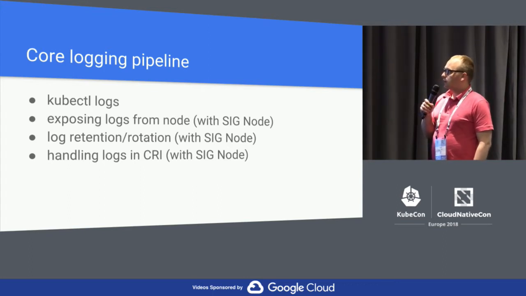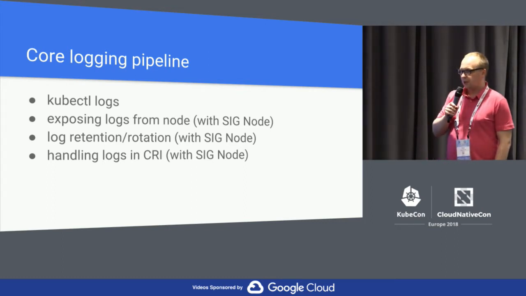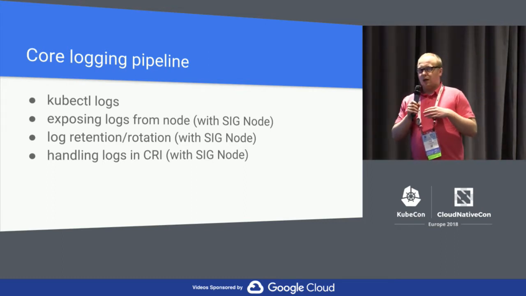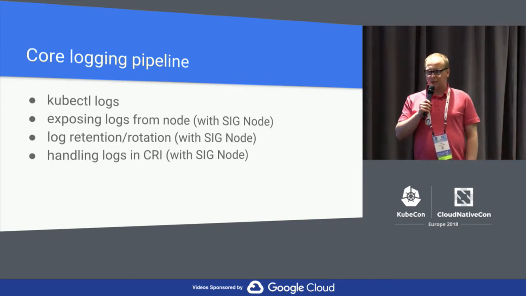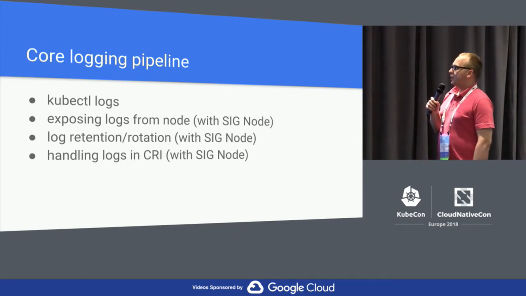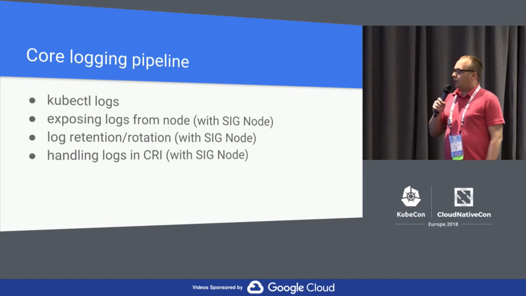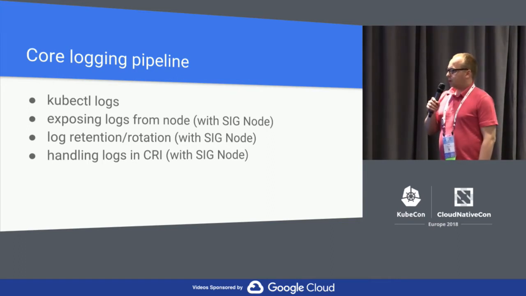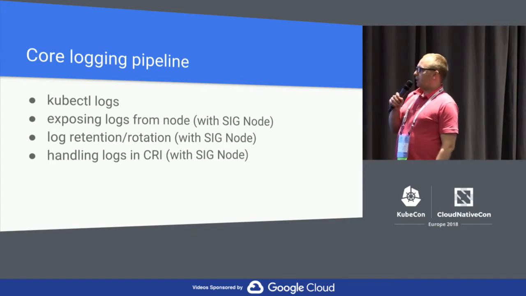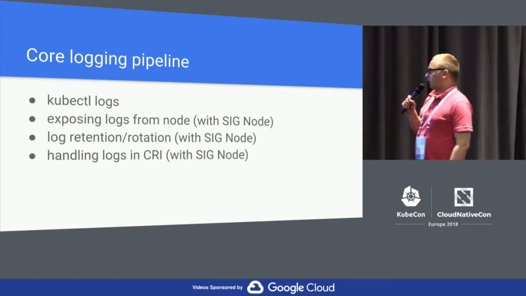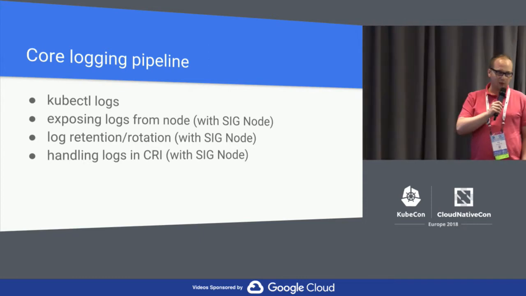In addition to this, there is a log retention and rotation policy, so making sure that your logs are deleted after some period of time so that you will not use the whole capacity of a machine. And there is the way we handle logs in CRI, the Container Runtime Interface. There is a lot of overlap with SIG-Node, so we are working with them.